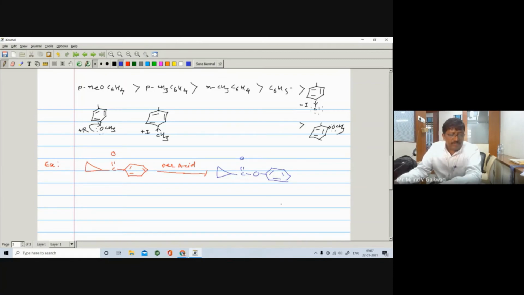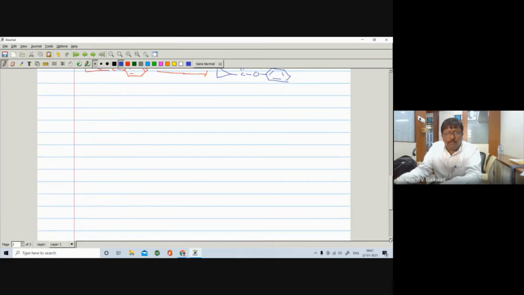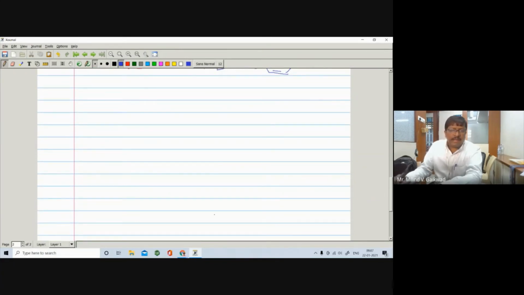Now, suppose you have the CO as part of a ring. It is a very interesting example; they may ask it in the exam also. Suppose you have such an example.